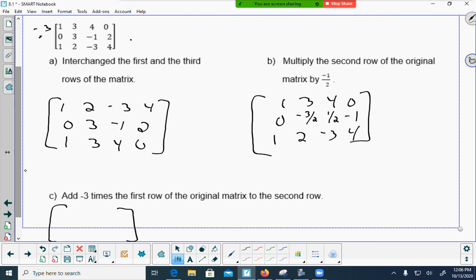Okay, Rachel, what's your first row going to look like? 1, 3, 4, 0. That one is not changing, yes? So what did you get for the new second row?